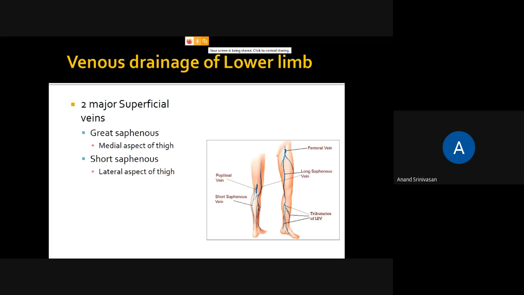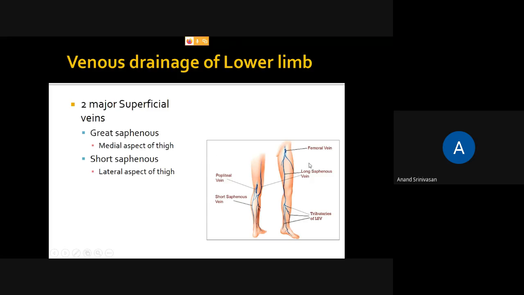Okay. Now in the lower limb, there are two superficial veins. One is called the great saphenous vein or long saphenous vein.